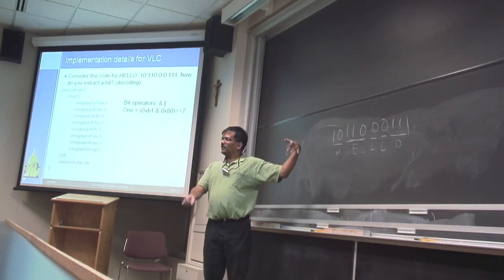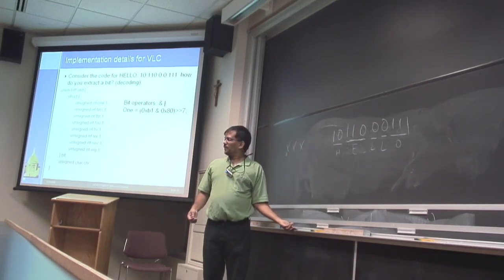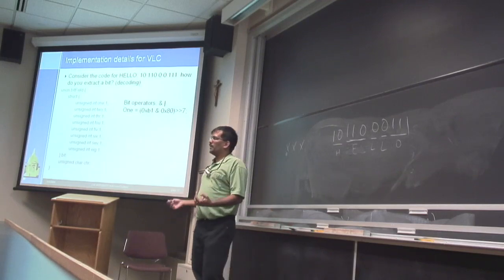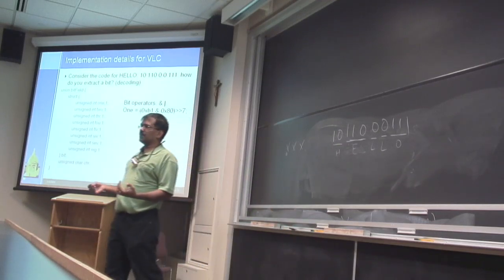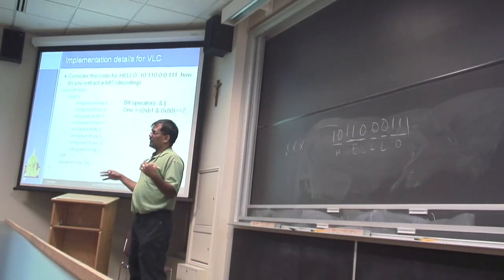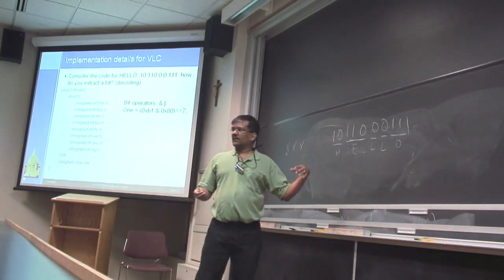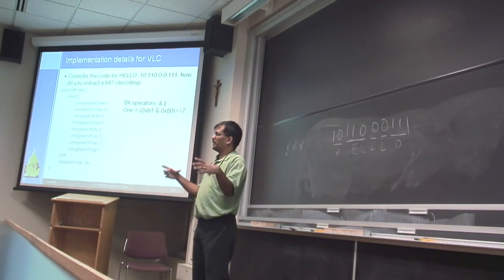In binary, when I say it on the board, it looks all fine. But real computers deal with characters, right? If you go back to your C programming class or your architecture class or what have you, most computers deal with groups of bits, right?